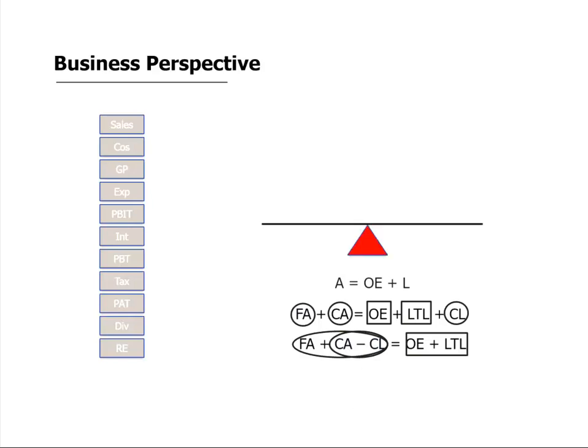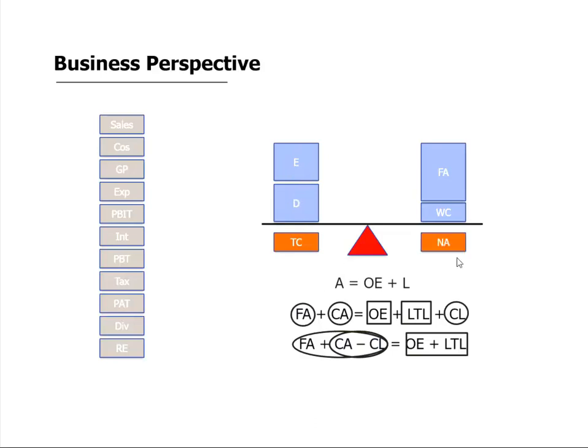So let's build a balance sheet that reflects this equation. Here we have some debt and equity. It's what's in the box here, owner's equity plus long-term debt. And on the right hand side, we're going to have some working capital, CA minus CL, and some fixed assets. And we're going to name these total capital, E plus D, total capital, sum it up.